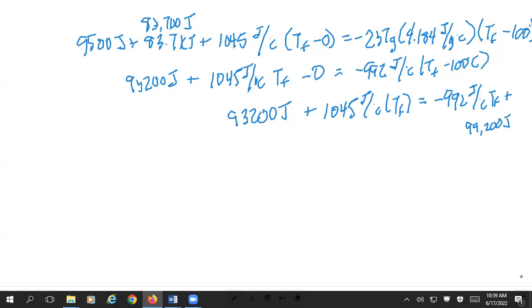And that's coming from the negative 992 multiplied by the negative 100. The degrees Celsius cancel out.